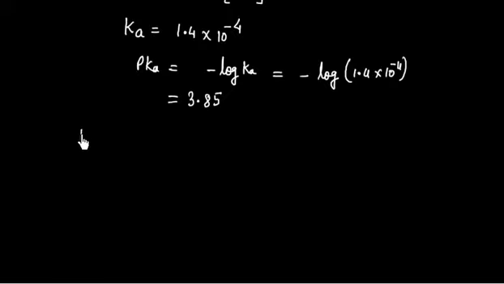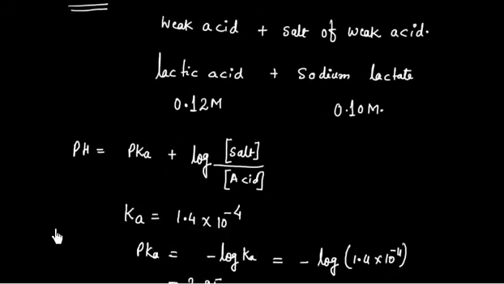Now we can calculate pH. We know pKa, that is 3.85, plus log concentration of salt.